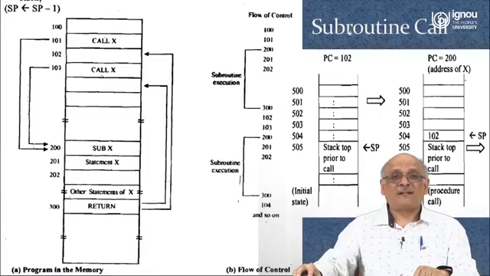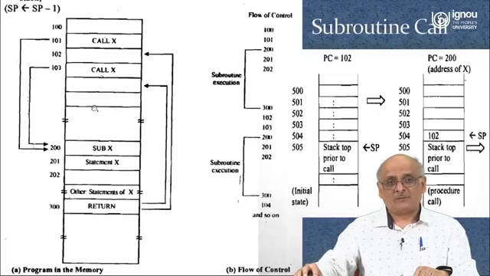Now this is a very important instruction for us, subroutine call. And this is a very typical example of subroutine call and how it is working. Okay, so this is our main program. There is a subroutine named X, all right, and the subroutine is at locations 200, 201, 202.